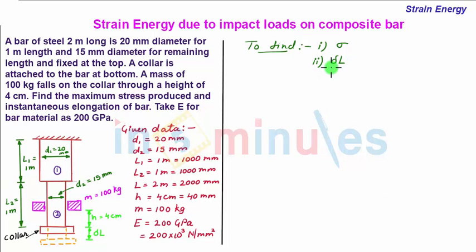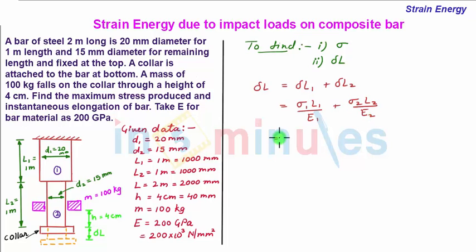Next we find out the elongation. Now we know elongation delta L of the composite bar will be given as delta L1 plus delta L2. Upon writing the formula for delta L's, we have sigma 1 L1 by E1 plus sigma 2 L2 by E2.